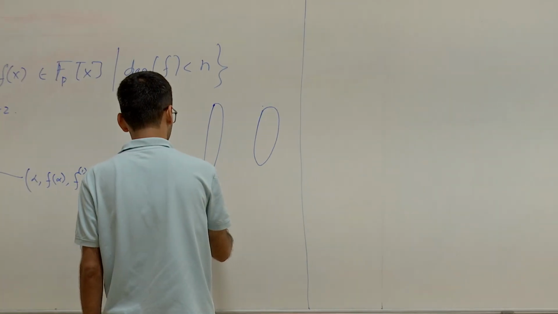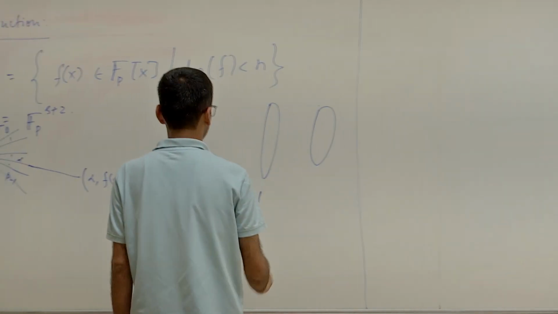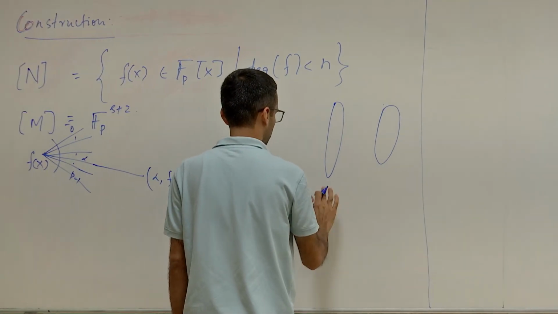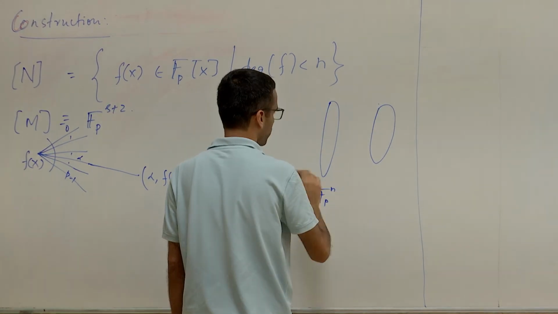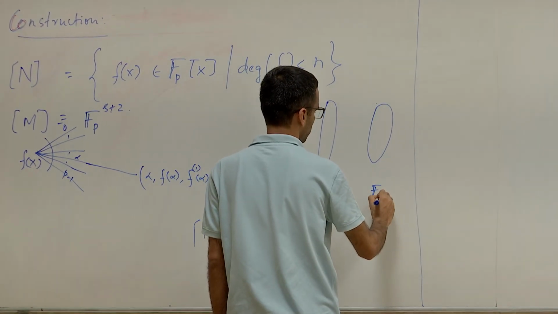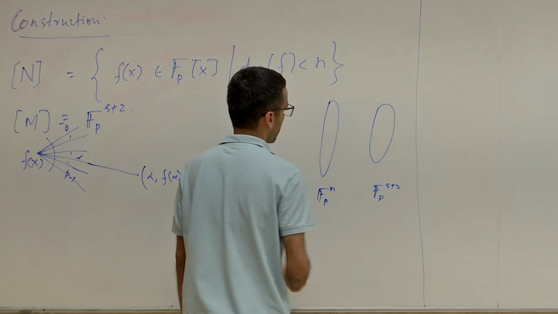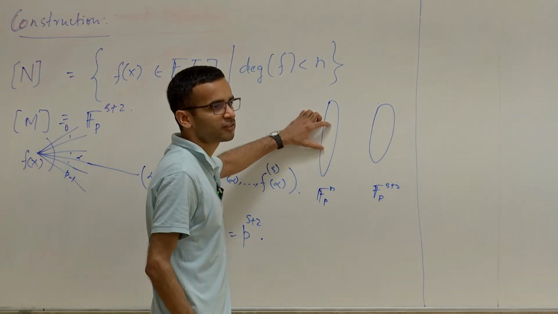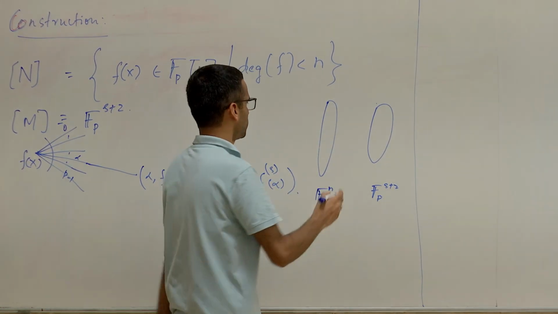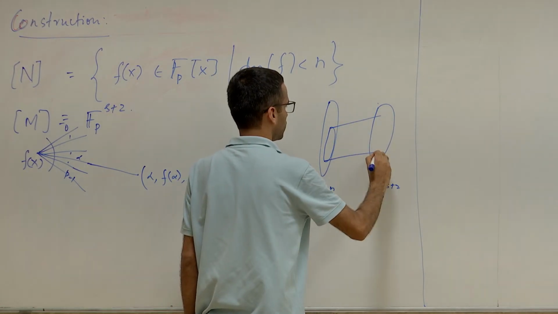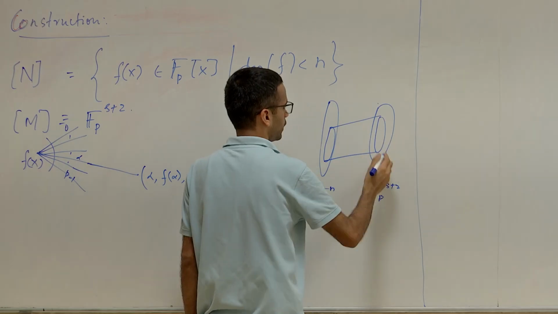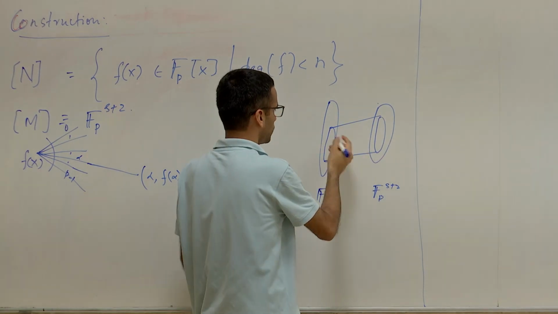This is F_p to the n, this is F_p to the s plus 2. And we have to show that every small enough set here expands. So we have to pick small enough sets and look at their neighborhood. We want to say that this is larger than this.